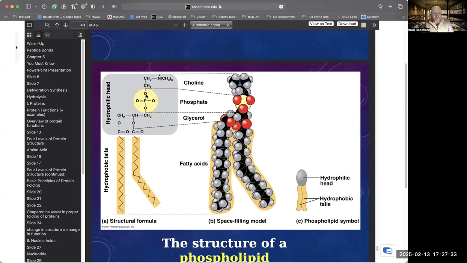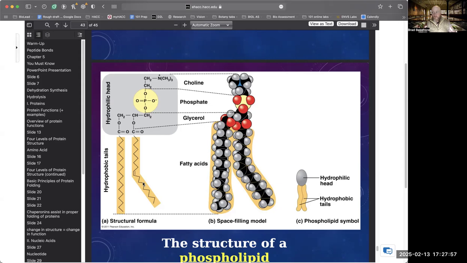And this isn't always consistent. Sometimes there's more double bonds in those fat tails. There's some variability there, but they all share one thing in common. This phosphorus head is really hydrophilic, loves water. These fat tails are really hydrophobic.